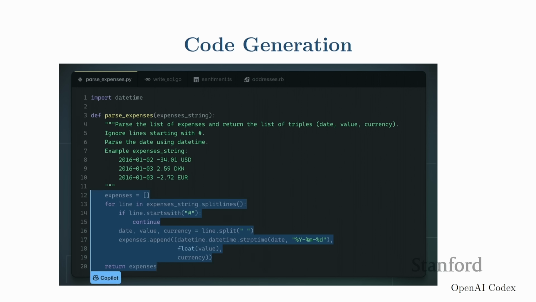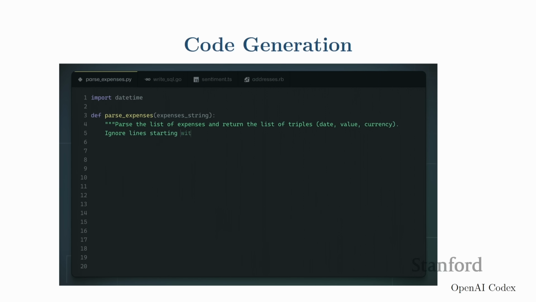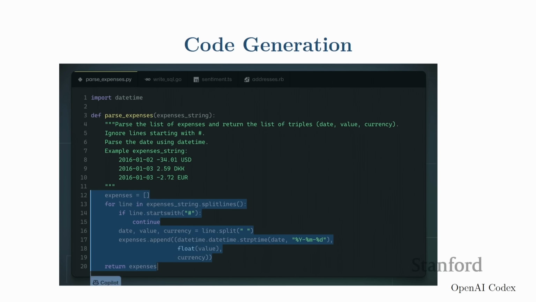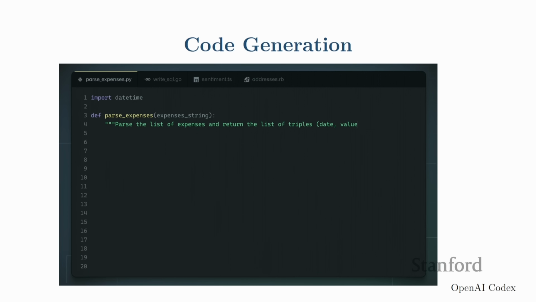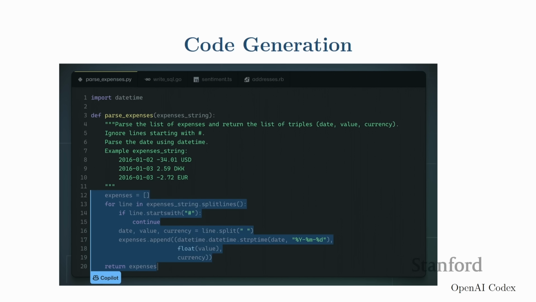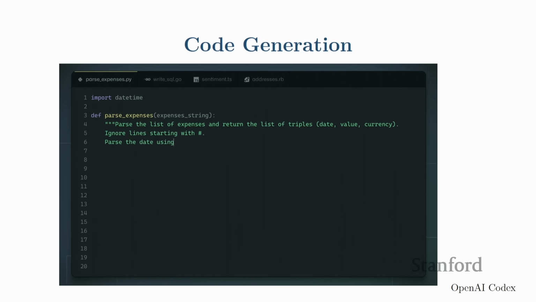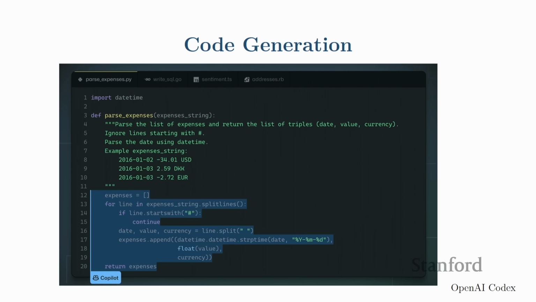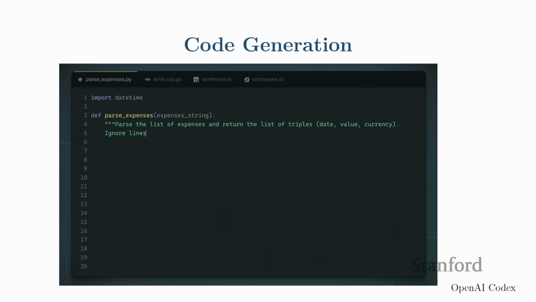Again, these systems are not perfect, but they're already pretty good. They can solve many interesting tasks. They can solve programming assignments. They do reasonably well in competitive programming competitions.